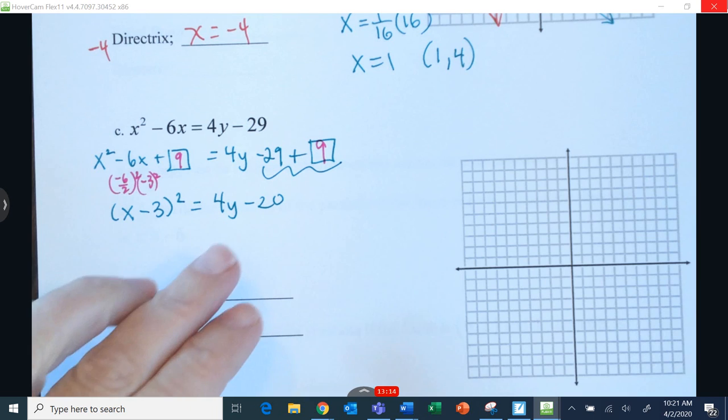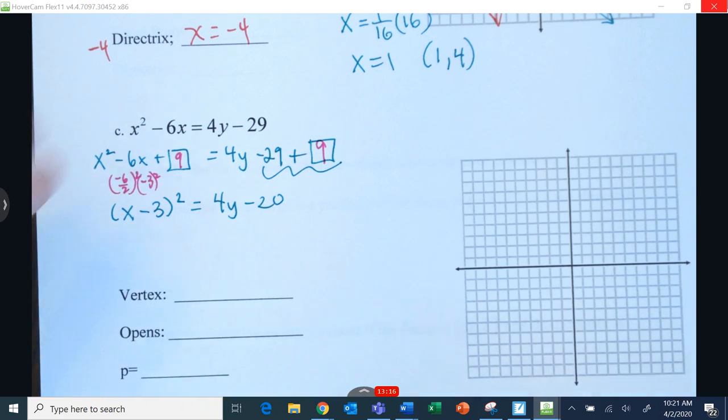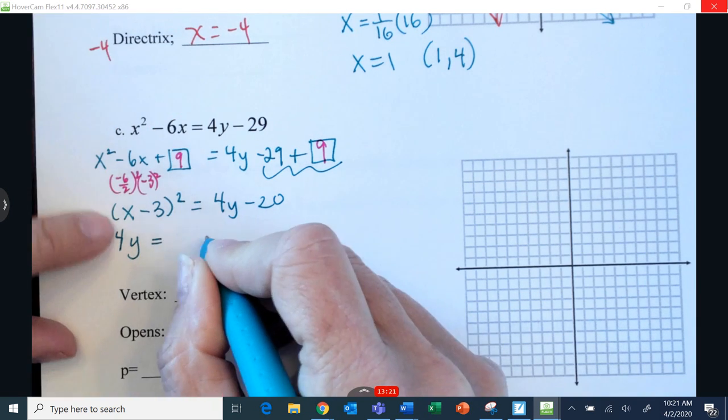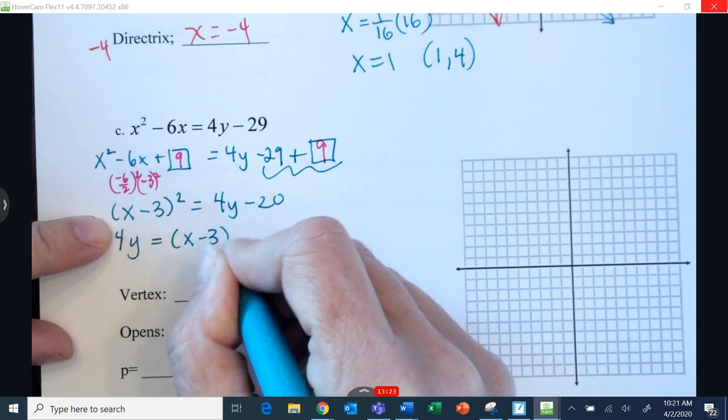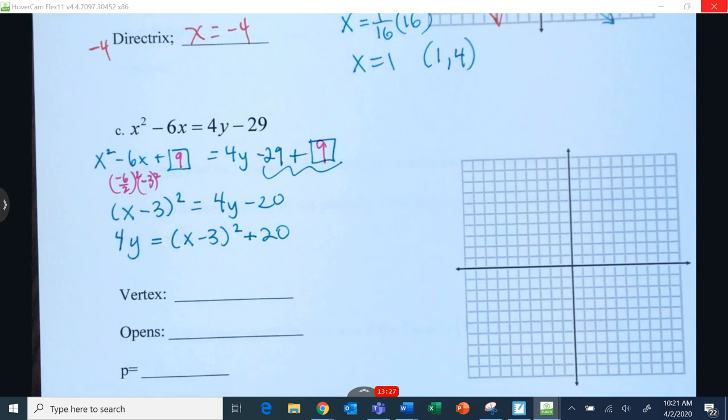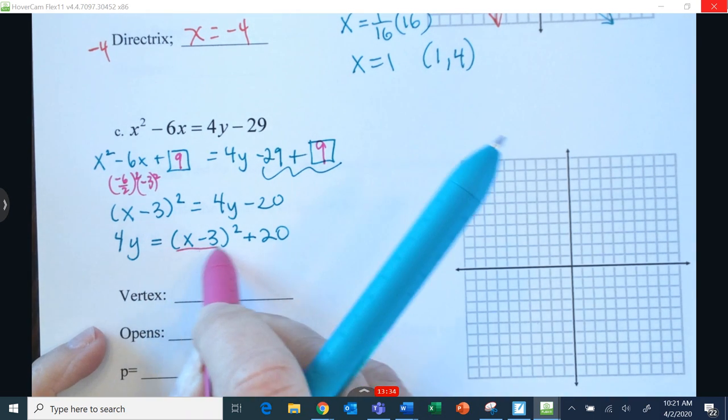All right, we're trying to solve this for y. So I'm now going to move the 20 over. I'm just going to rearrange it slightly. 4y equals (x minus 3) squared, and I move the 20 over, add 20. Okay, we have to either divide by 4 or multiply by 1/4, but you got to be careful because we got to do the entire side.